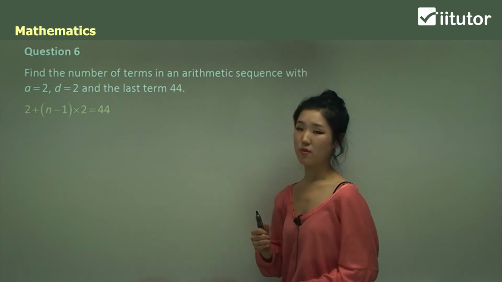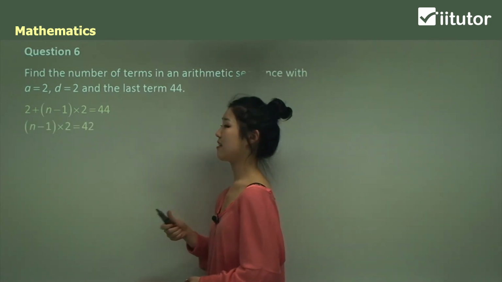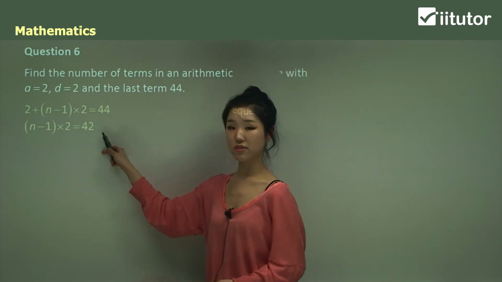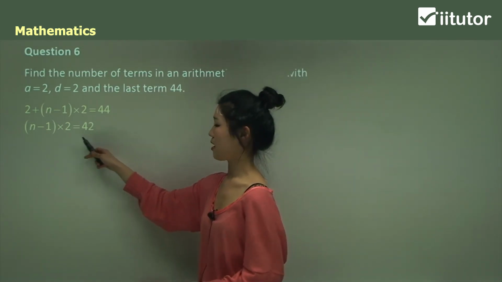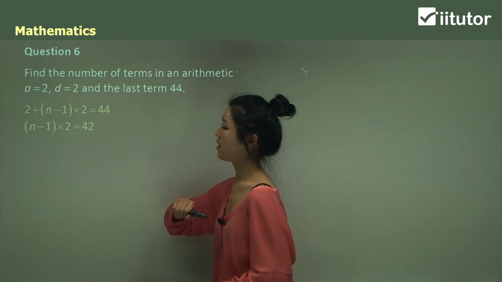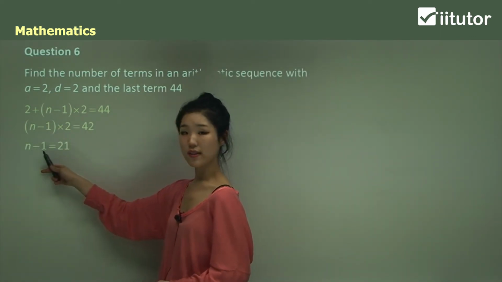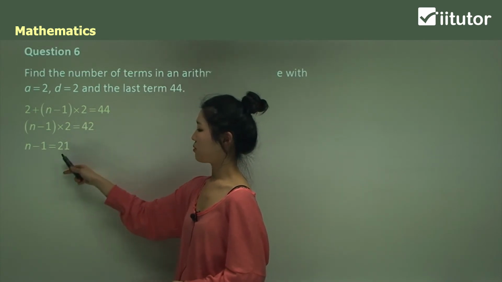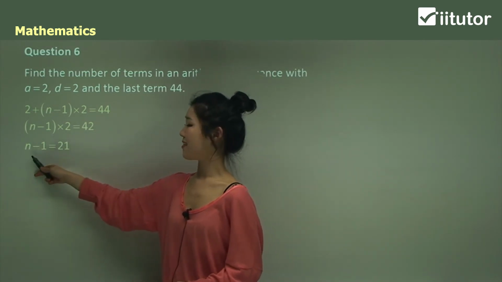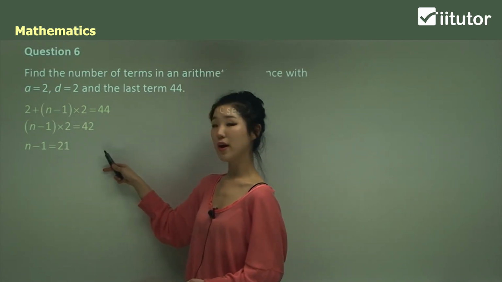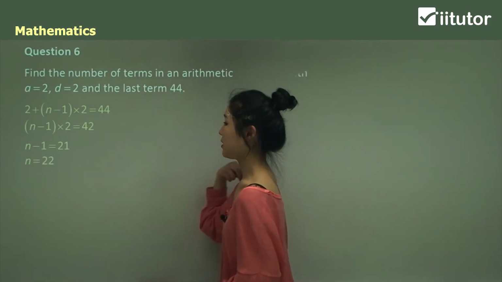Let's simplify that equation and solve for n. I'm going to move 2 over, so I have 44 minus 2, which is 42. So I have 2 times n minus 1 left. Divide both sides by 2, so this side I only have n minus 1 left, and 42 divided by 2 is 21. To get n, simply move the negative 1 over, so we have 21 plus 1, so n is simply 22.